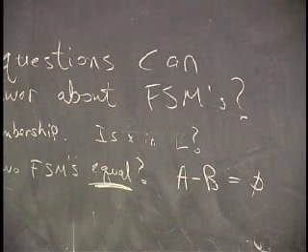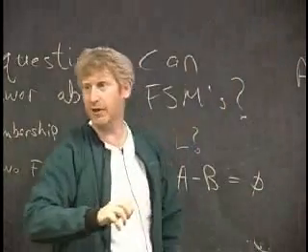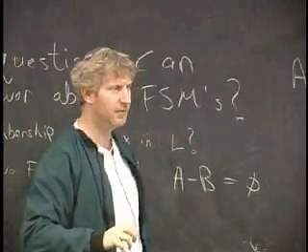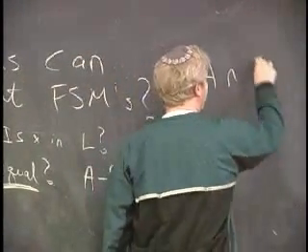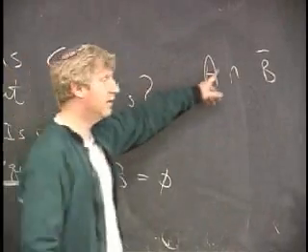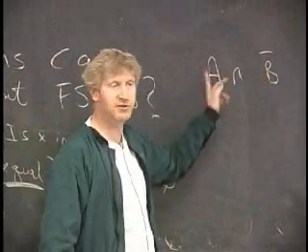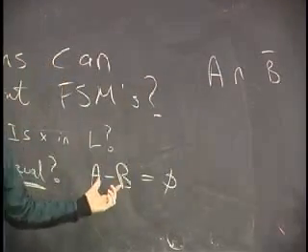I can make a finite state machine equal to A minus B. Who knows how to do A minus B from set theory? A intersect not B. That's A minus B. So take A, take B and complement it. Intersect the two. This represents A minus B.